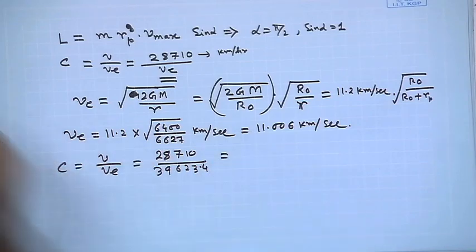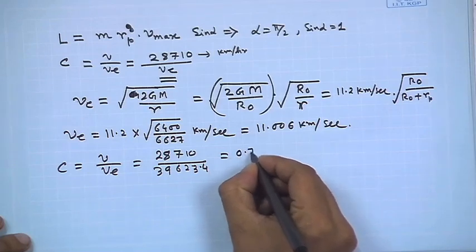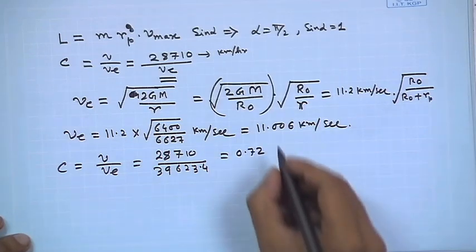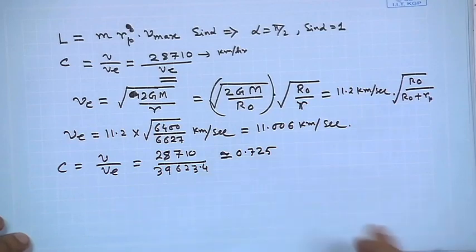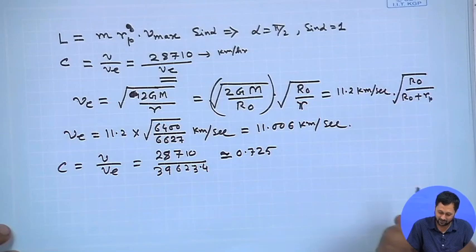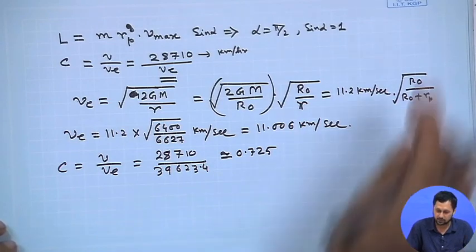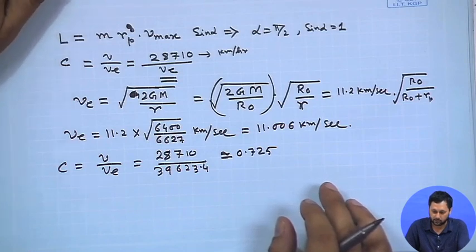If we perform this calculation, 28710 divided by this, it will be approximately 0.7245, we will just call it approximately 0.725. Okay, all these approximations will introduce some error into the calculation, but it is okay because we are not doing it very accurately.